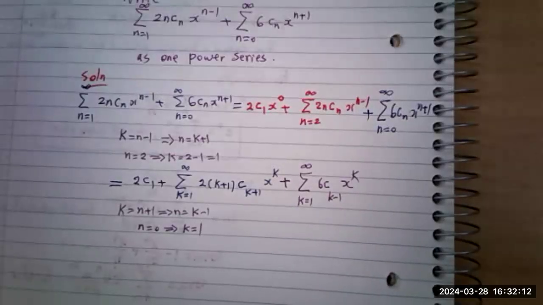You can combine them together. Yes. How come you're able to call k n minus 1 and also n plus 1? It doesn't matter. k is a number, the index. You could call it t. It doesn't matter. It's important that it starts from 1 to infinity.